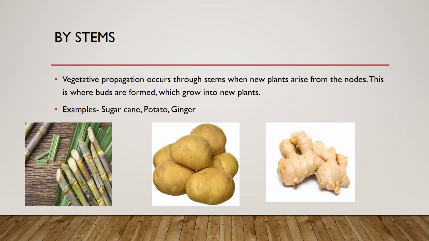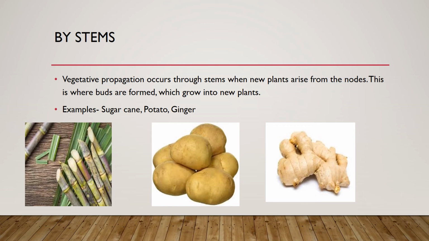Next is by stems. Vegetative propagation occurs through stems when new plants arise from the nodes. This is where buds are formed which grow into new plants. We know the node: in the previous chapter we learned that a node is the attachment point of a leaf to the stem.